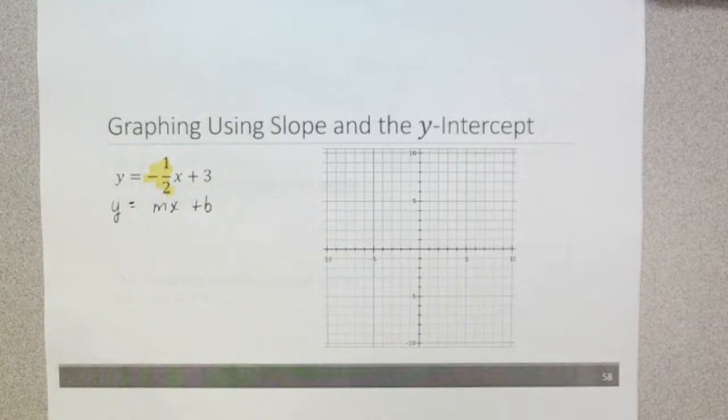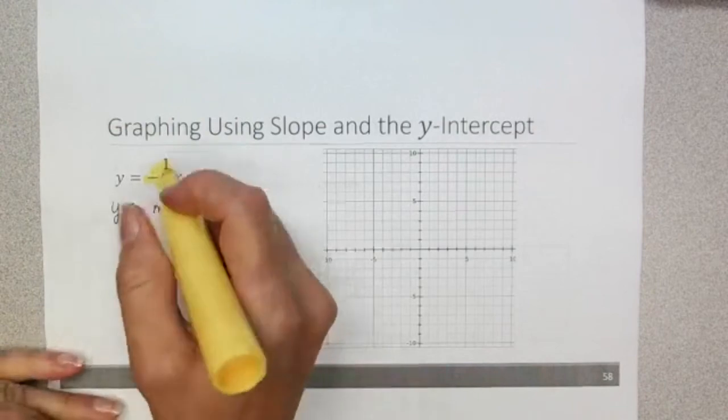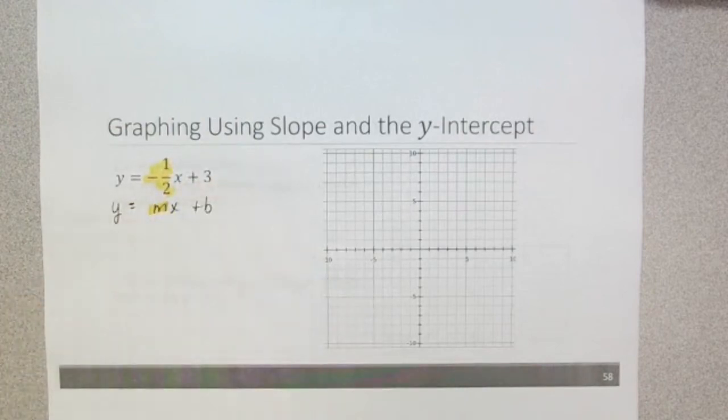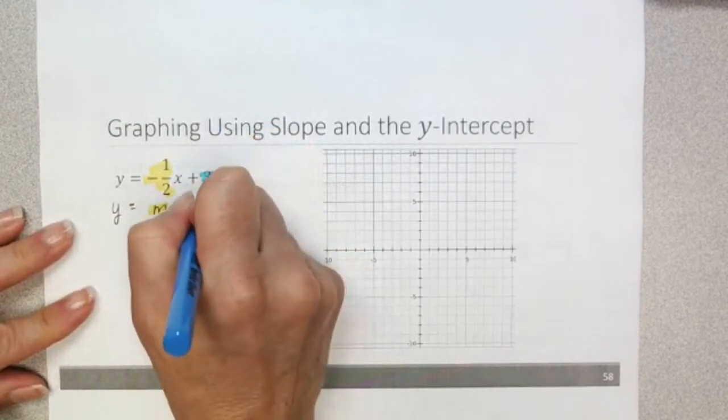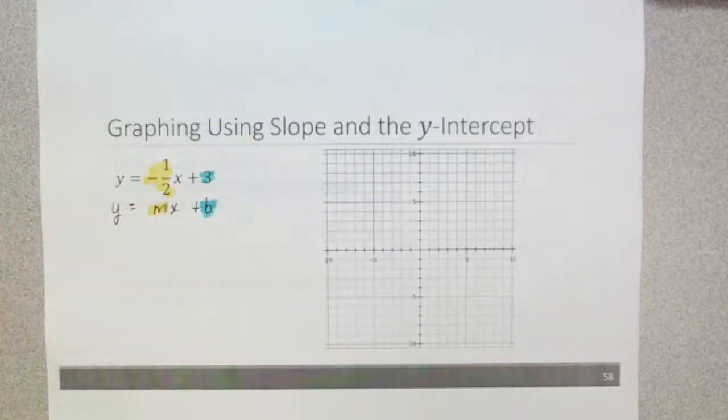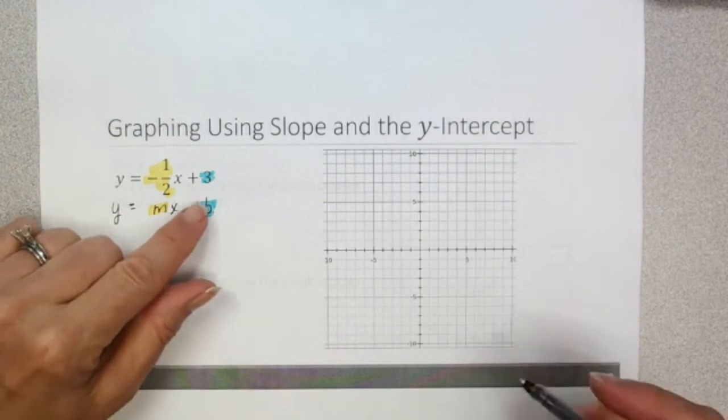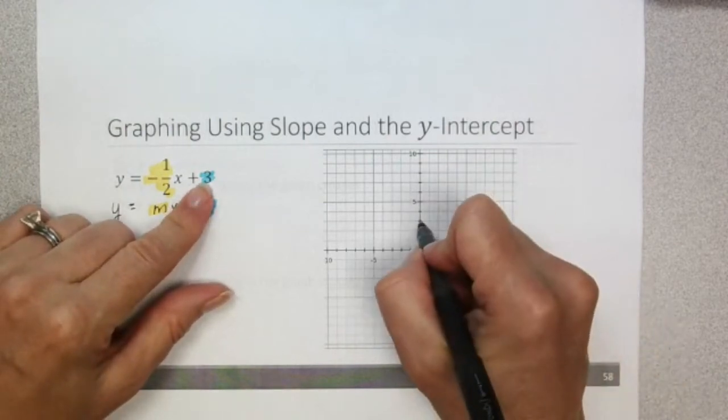And then b is the y-intercept, right? B is the y-intercept. So in this case, we see that 3 is the y-intercept. This line intercepts the y-axis at 3, right there.